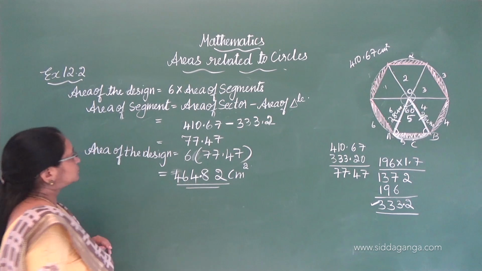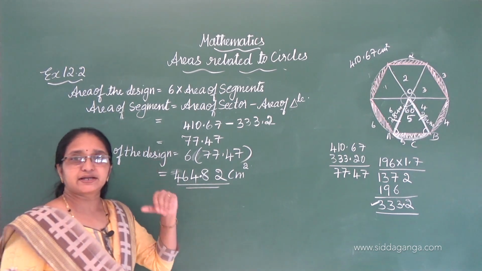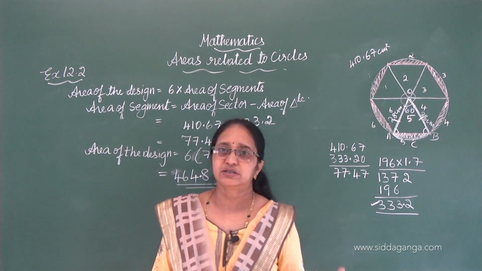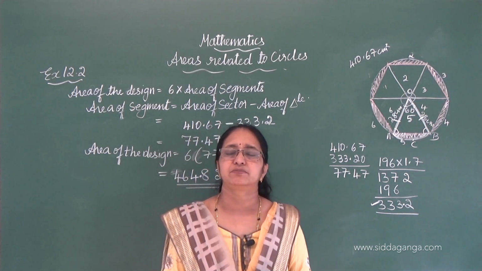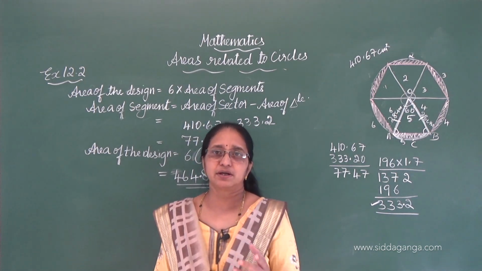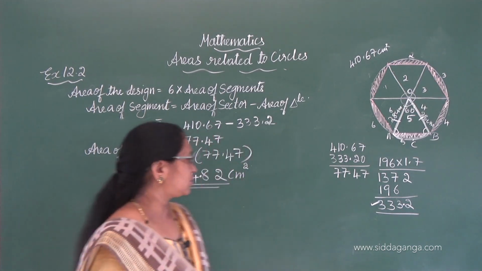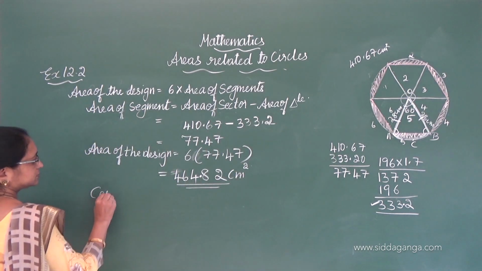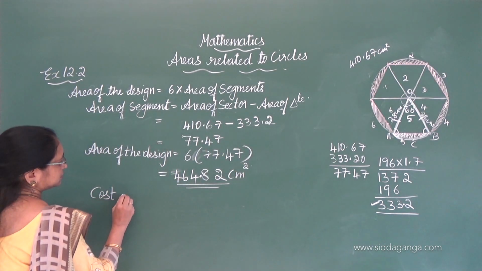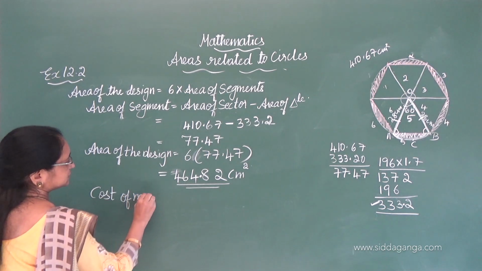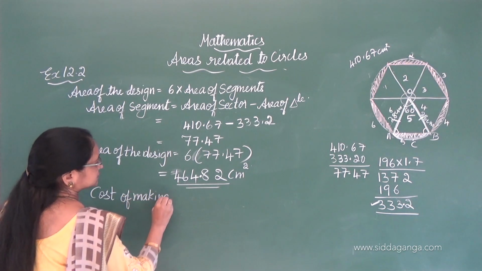Now what is the next step? Now we got the area of the design. Now the last step, that is the fourth step, what you have to do? You have to find out the amount. So let us find out the cost of making the design.